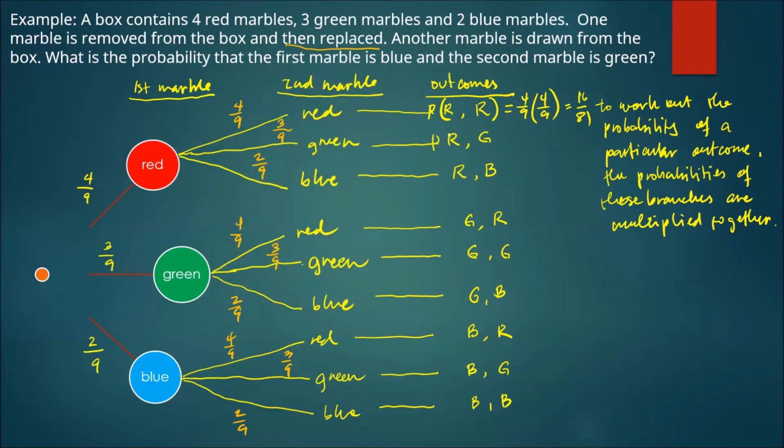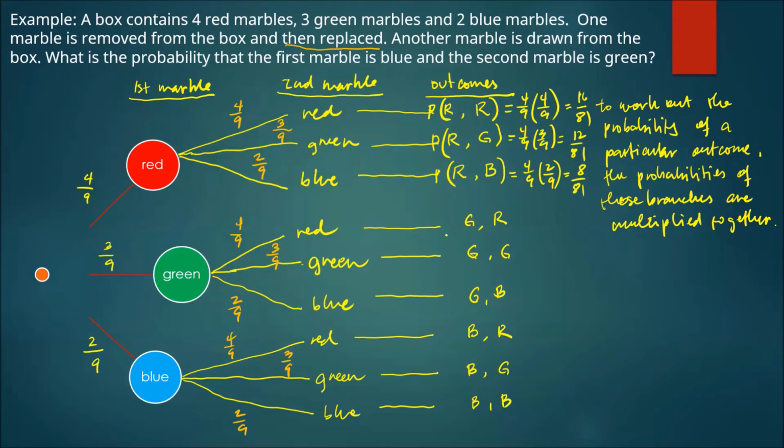And the probability that our first marble is red and the second marble is green would be 4/9 times 3/9, or that would be 12/81. And the probability of getting the first marble as red and the second marble as blue is 4/9 times 2/9, which is equal to 8 by 81.